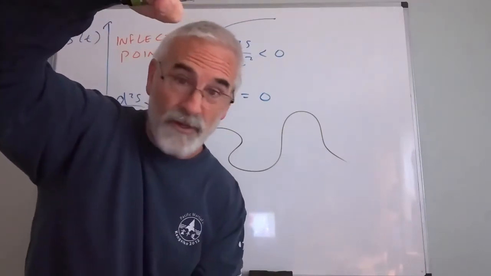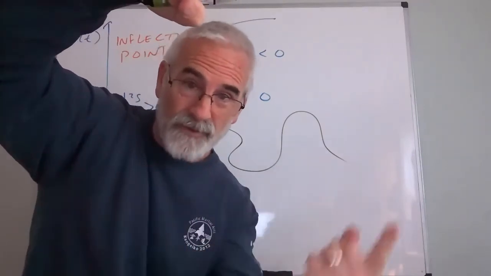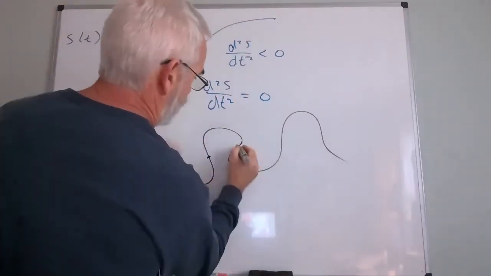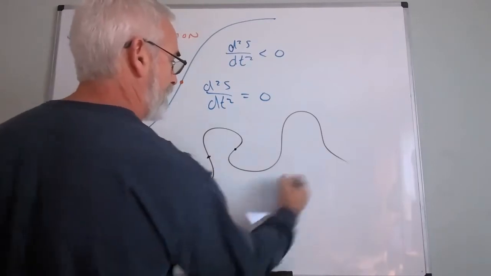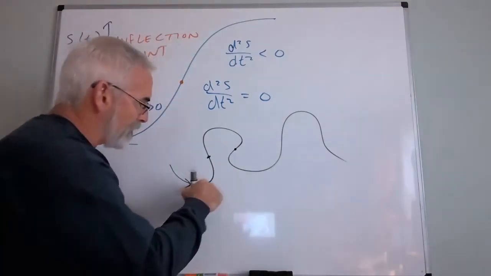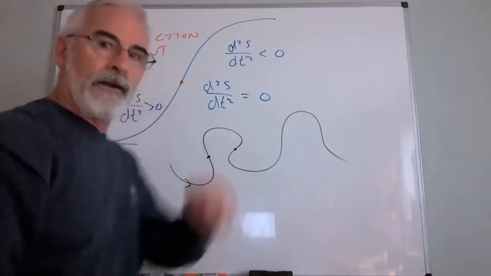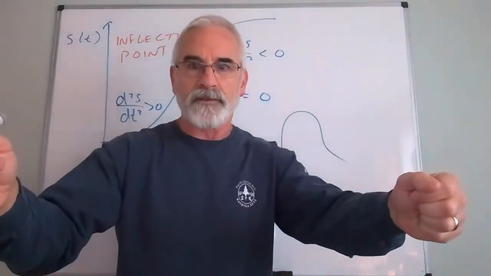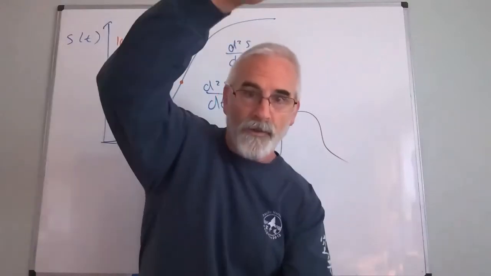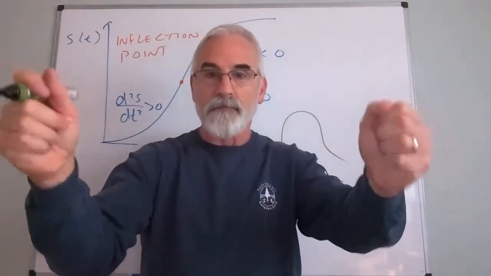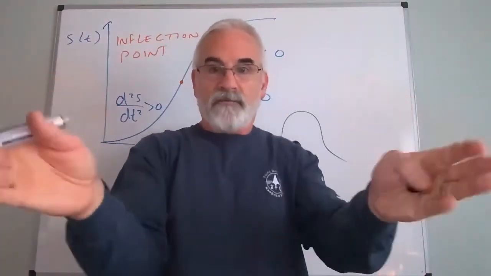Well, if I never change, I'm just going to drive in a circle, obviously. But at some point I'm going to crank it hard to the right, and then at some point I'm going to change it back to hard to the left. You notice it really at that brief moment right there, or that brief moment right there, that's when my steering wheel is just set. I went hard to the left and now I'm hard to the right. There's a moment when my steering wheel is just right in front of me.